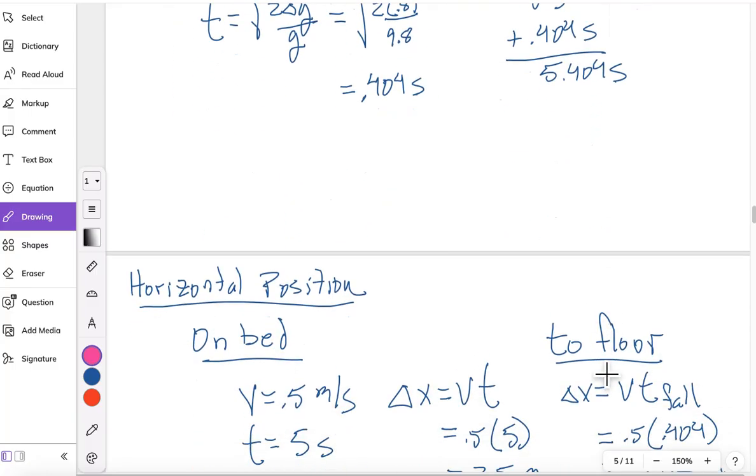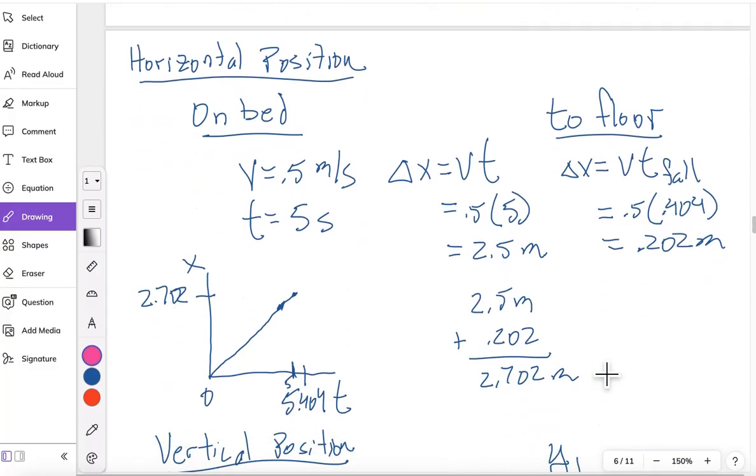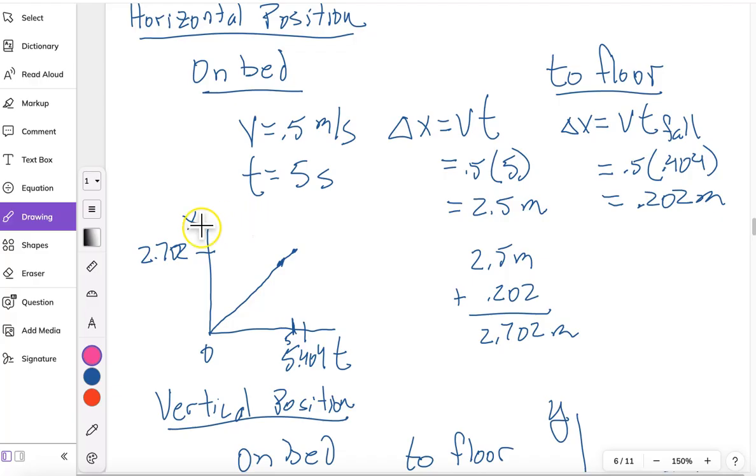The next thing they wanted us to do was create some graphs. And so here are our graphs. First thing, this is going to be on the bed. This is the horizontal position. On the bed, we know that it is moving at 0.5 meters per second for a time of 5 seconds.